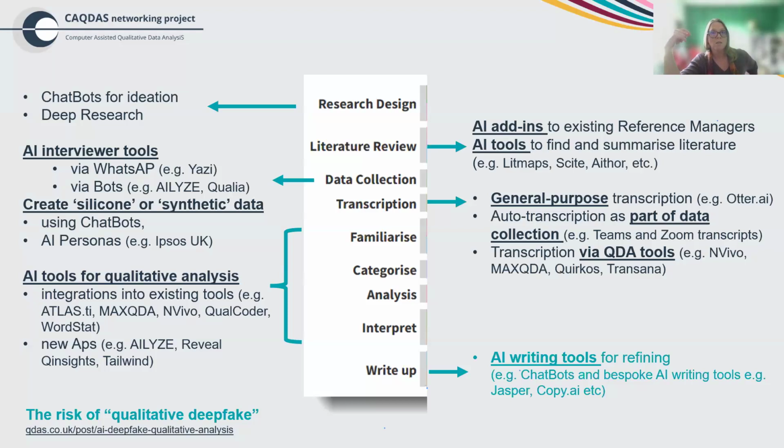And the implication and the risk that that has on our profession as qualitative researchers is really something important that we need to not only be aware of, but think about how we're going to handle as a community of practice.